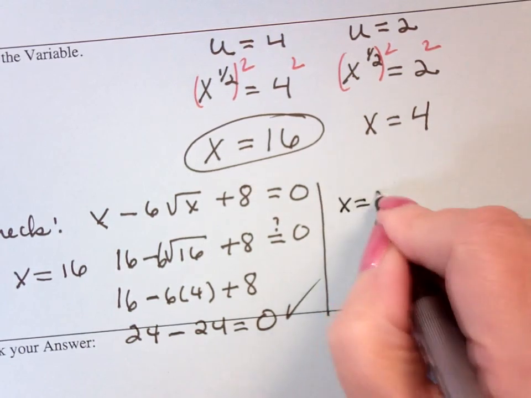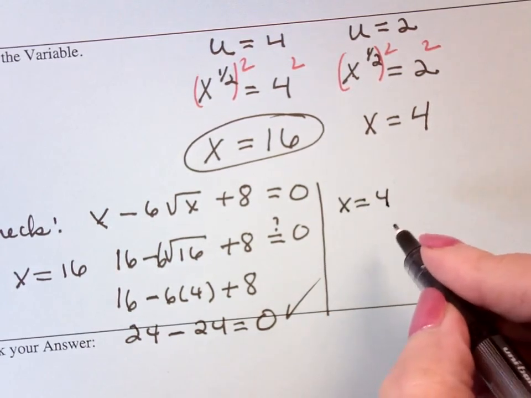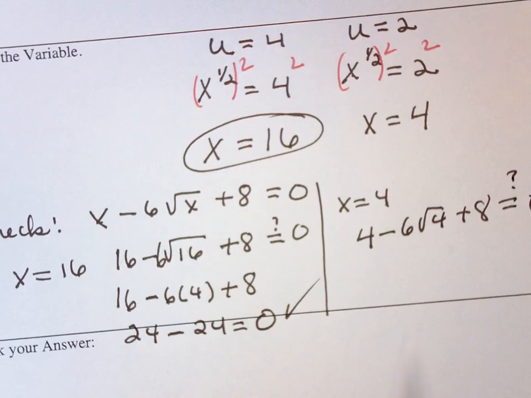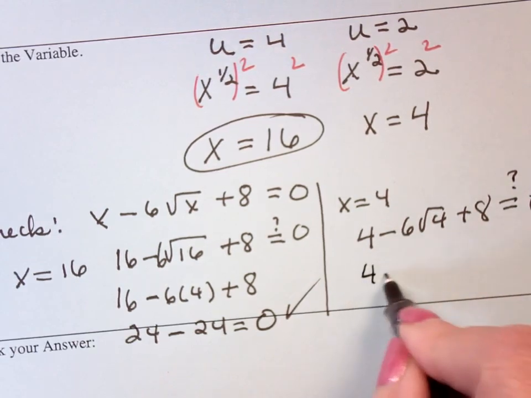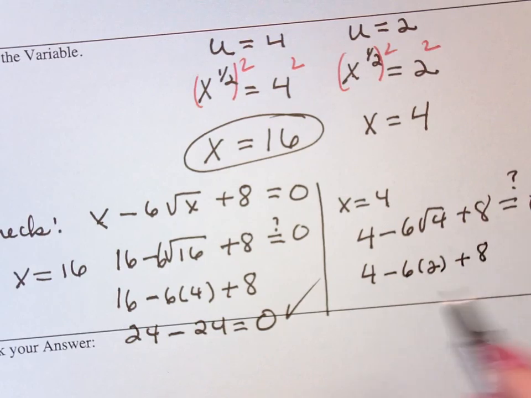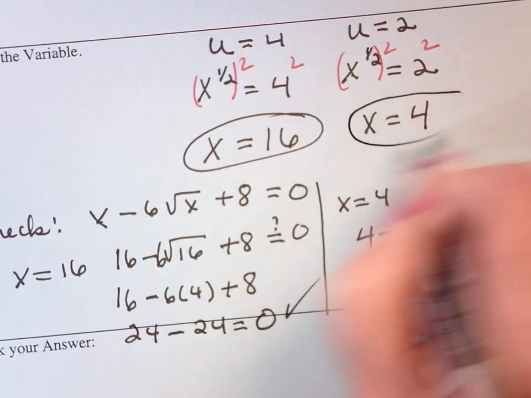If x equals 4, is it true that 4 minus 6 square root of 4 plus 8 equals 0? Well, this is 4 minus 6 times 2 plus 8, which is 12 minus 12, which is 0, and it checks. So both of them work.